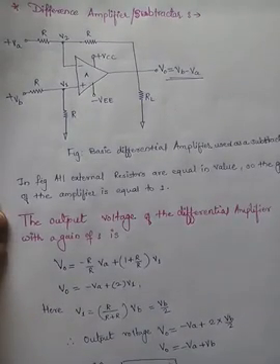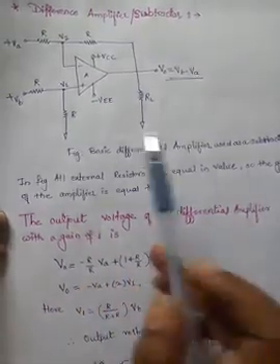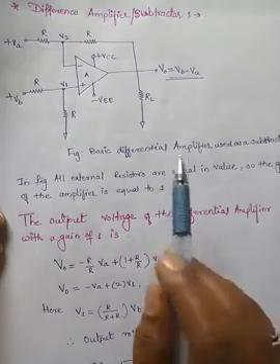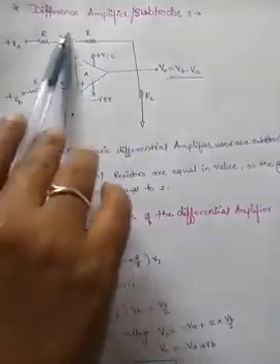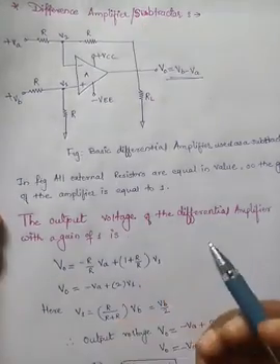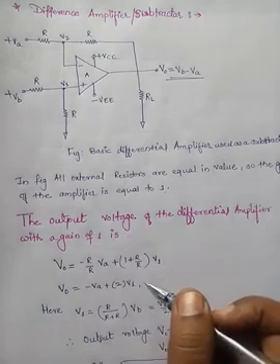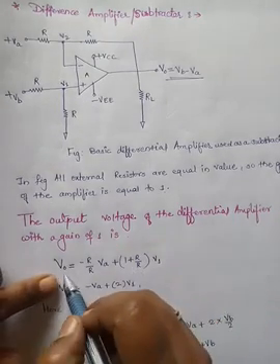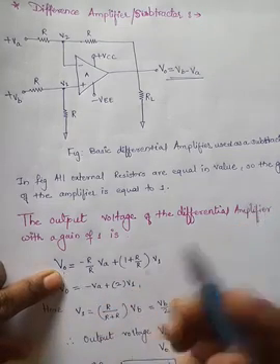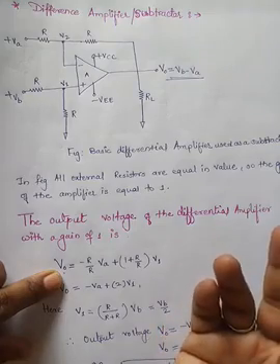All resistors have the same value, equal to R. So if all resistors have the same value, the gain will become equal to 1. First we find the output voltage V0. Consider one input signal VA first, then we consider the other input signal VB.